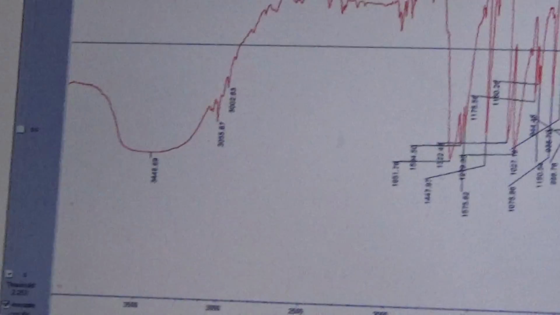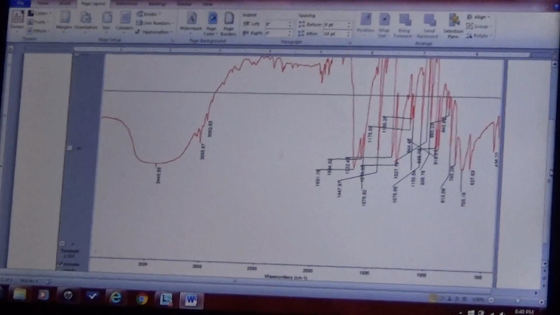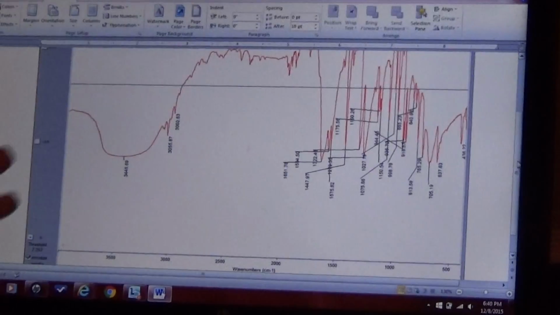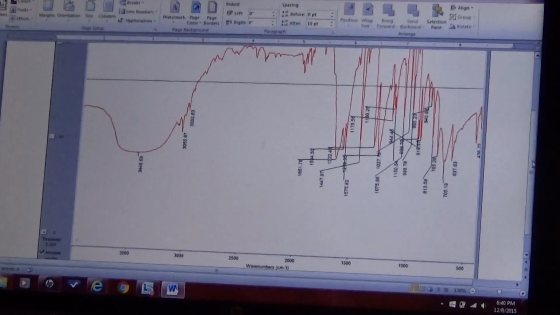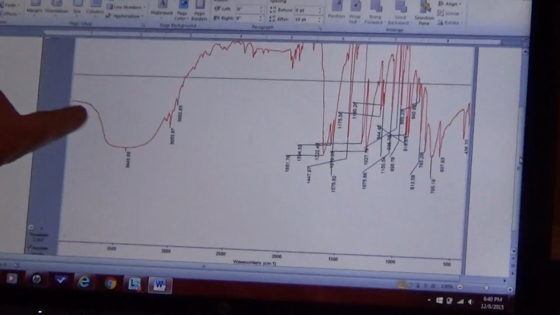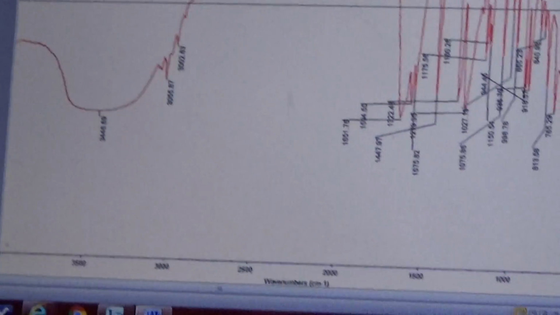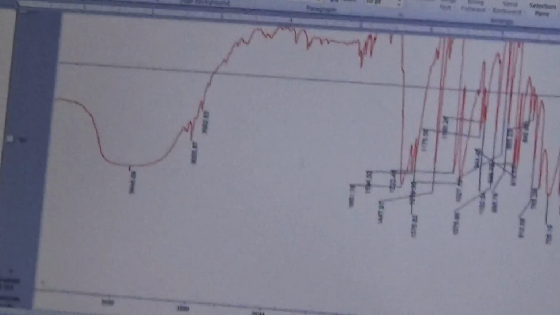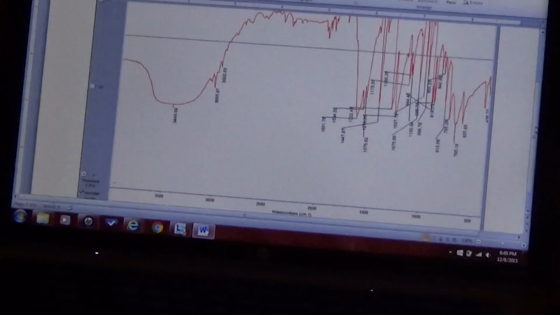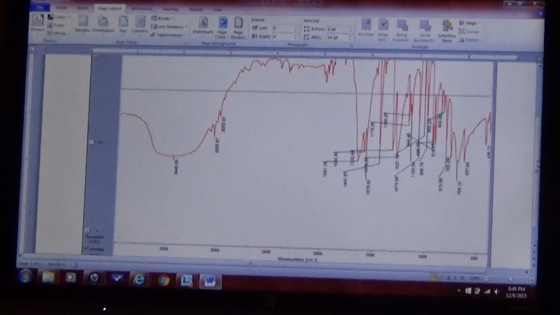However, our unknown compound does not contain an OH group. If the sample had been completely dry, this would not have shown up on the spectrum at all. It would just look more like this, starting out at the top, just showing you more of the C to C bonds.